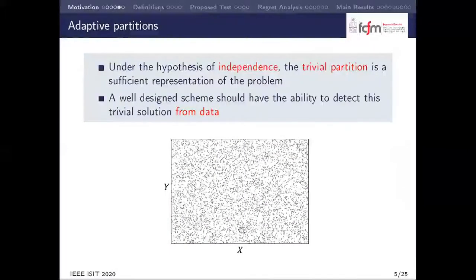And as there is no tendency, why should I make any partition on this space? The trivial partition, which is just one block, should be a sufficient representation of this. So a well-designed scheme should have the ability to detect this trivial solution from the data itself.